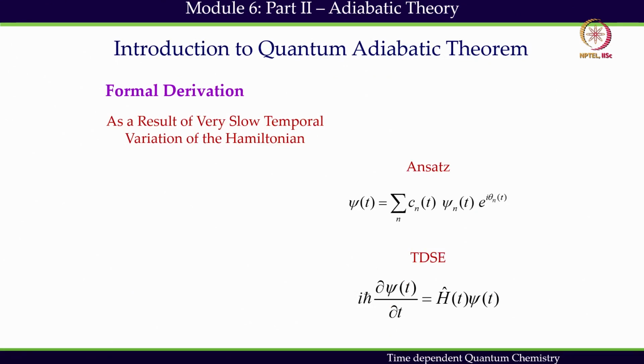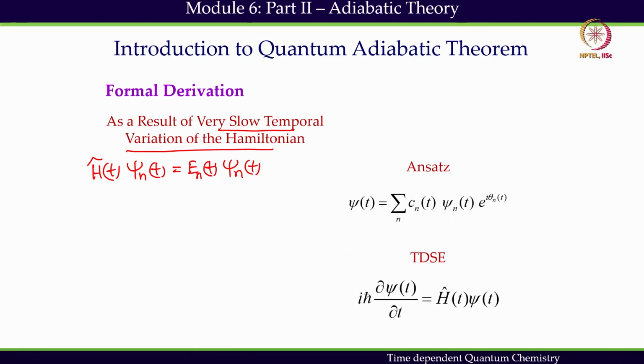We will write down that as a result of slow temporal variation of the Hamiltonian, at time t, which is immediately after the process is turned off, this eigenvalue equation is valid: H(t) psi_n(t) equals E_n(t) psi_n(t).